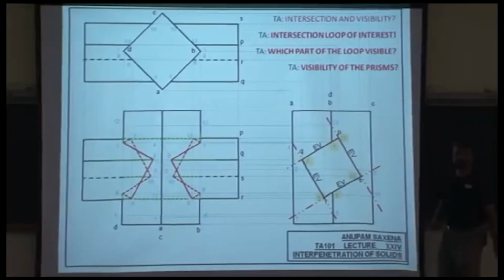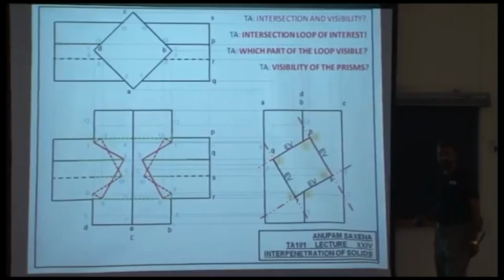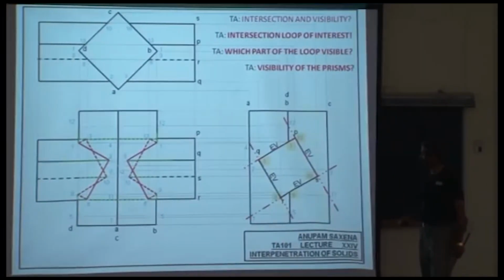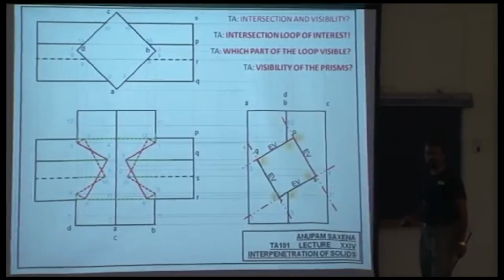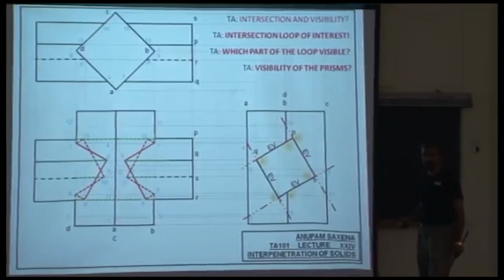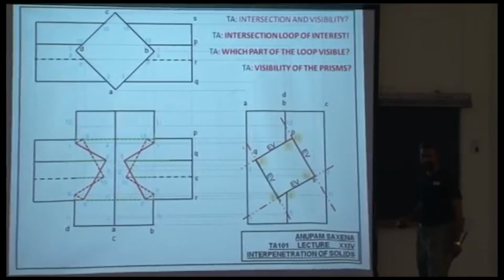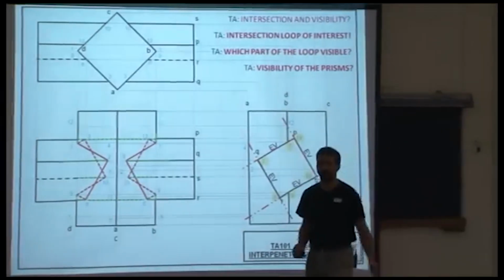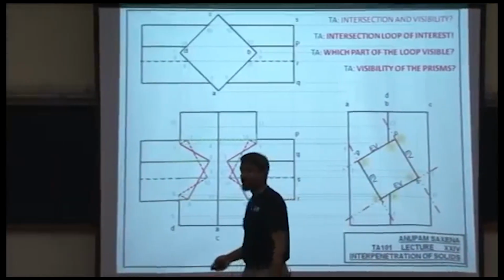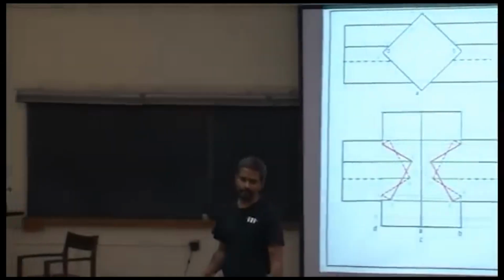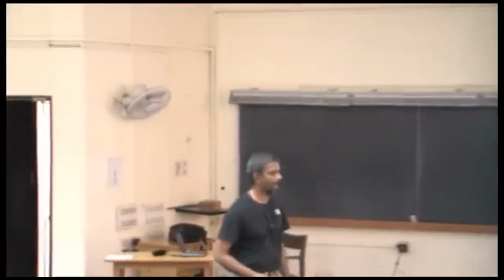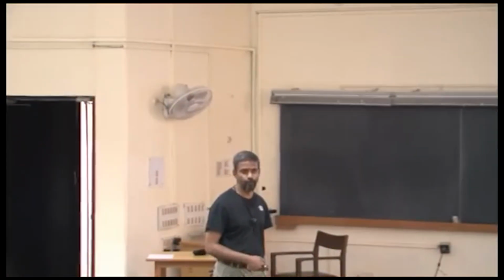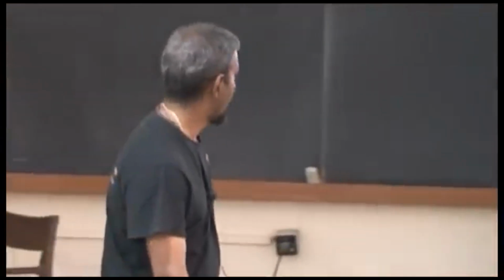So you're saying that there should not be any lines here because you have no clue which one is penetrating which. It should be taken as a single piece of solid.